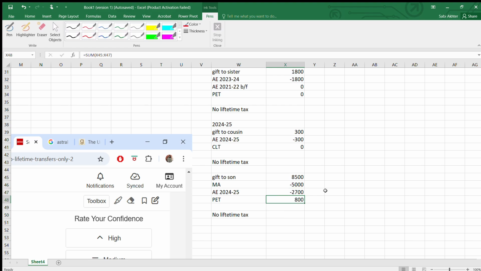And you are left with 800. This 800 also will be covered by the annual exempt amount brought forward from the previous year, 23-24. Hence, everything is 0. So nothing is chargeable to inheritance tax.